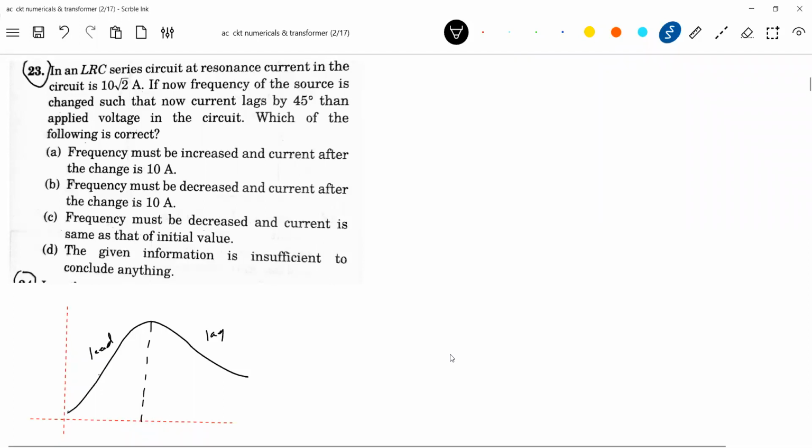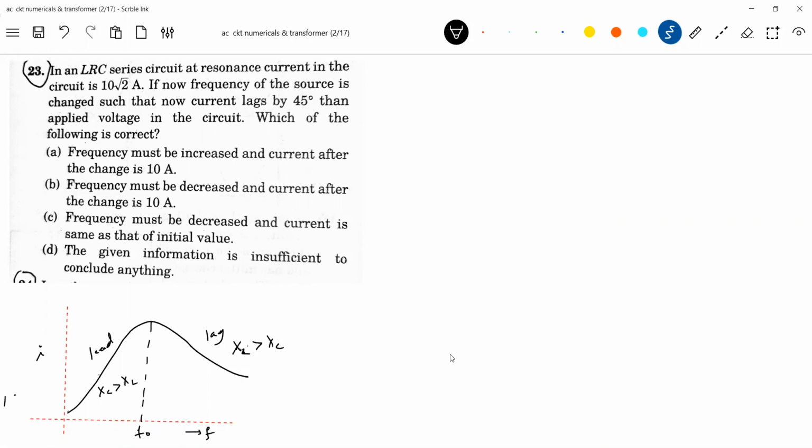And this is a lag. This is what happened. So here XL greater than XC. In this region, XC greater than XL. That's what happens here.